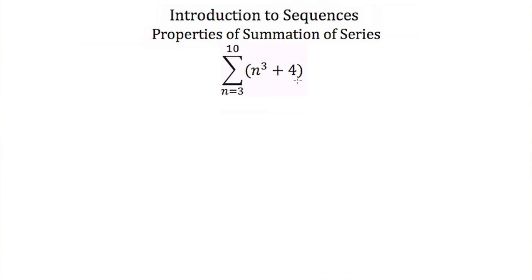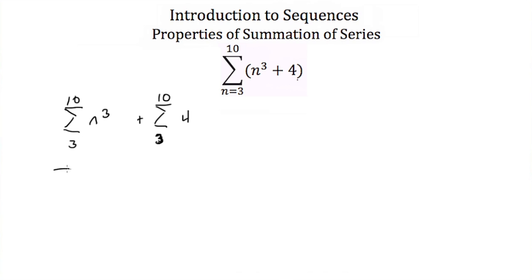Here I have 2 being multiplied together. So I could write this as the summation from 10 to 3 of n cubed plus the summation from 10 to 3 of 4. Because I have 2 sequences being added together. Now you'll notice that these don't stop at 1 or begin at 1. Our bottom value here is 3.